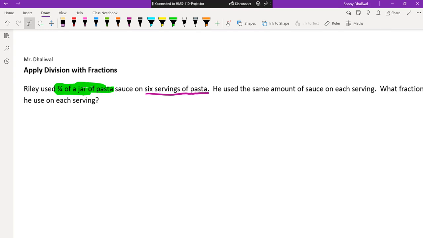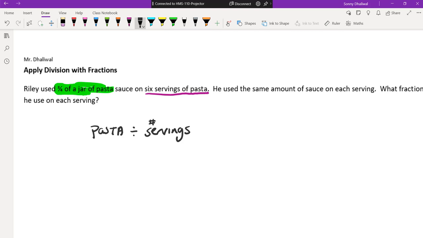A third. 1 divided by number of servings. So what we're doing is amount of pasta that you have divided by number of servings. That's the logical thing, right? You have $50, you give it to 2 friends evenly, 50 divided by 2, so each person gets 25.